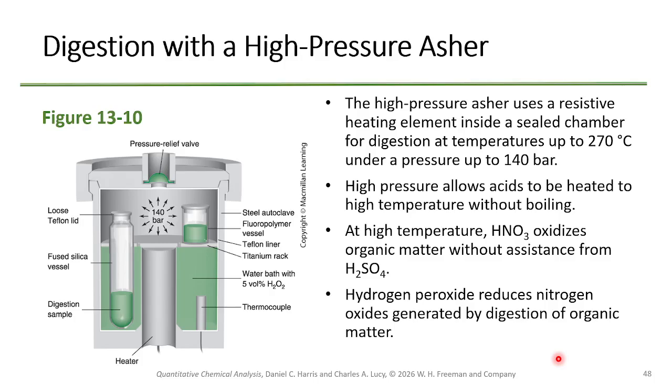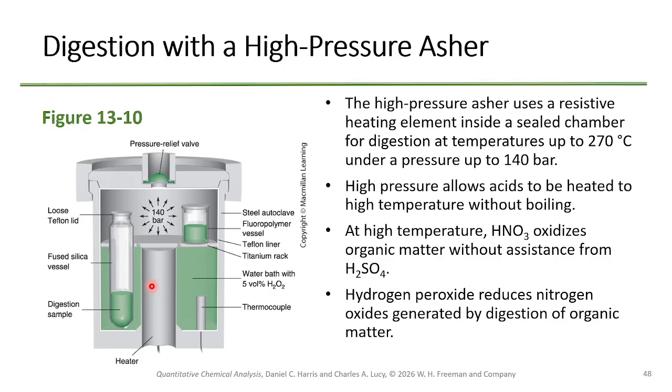This right here is a high pressure asher. High pressure ashers use resistive heating elements inside the chamber here. You'll have digestion temperatures that reach 270 degrees Celsius, typically under a pressure of about 140 bar. So it's basically a pressure cooker.